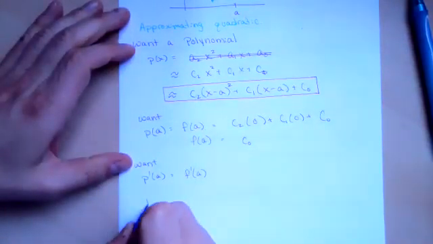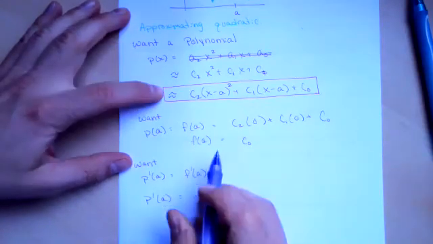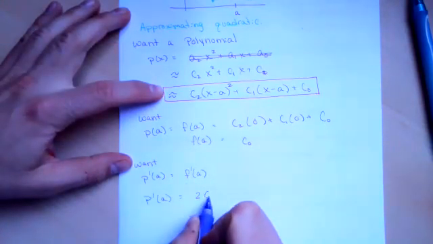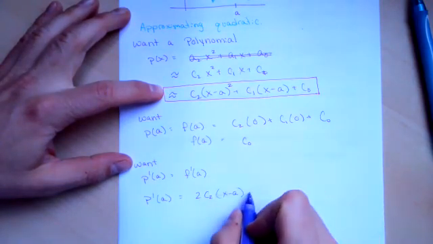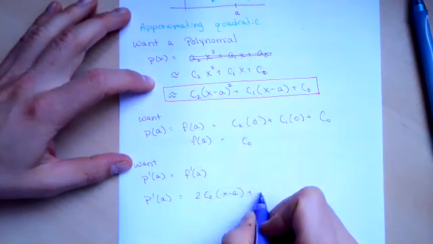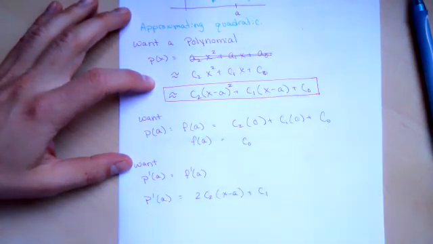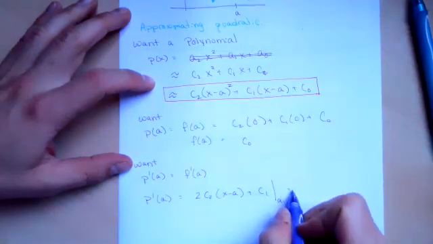So, p prime at a is just going to be 2 times c2 times (x minus a) plus, when I take the derivative of my linear term, I just get c1, and the constant term goes away. We still want to evaluate at a, and what happens when I evaluate it?